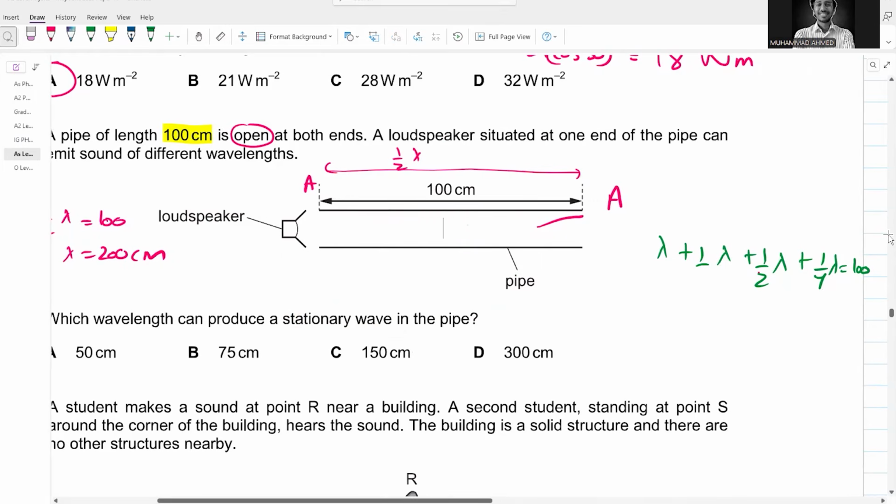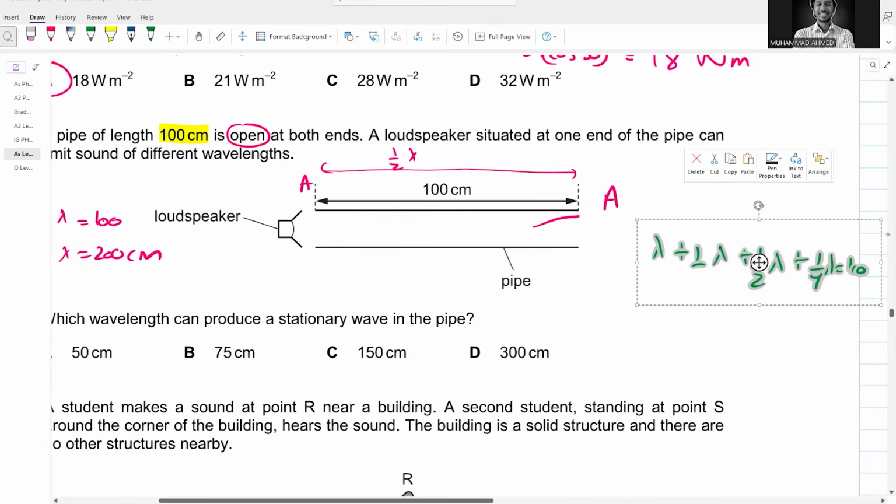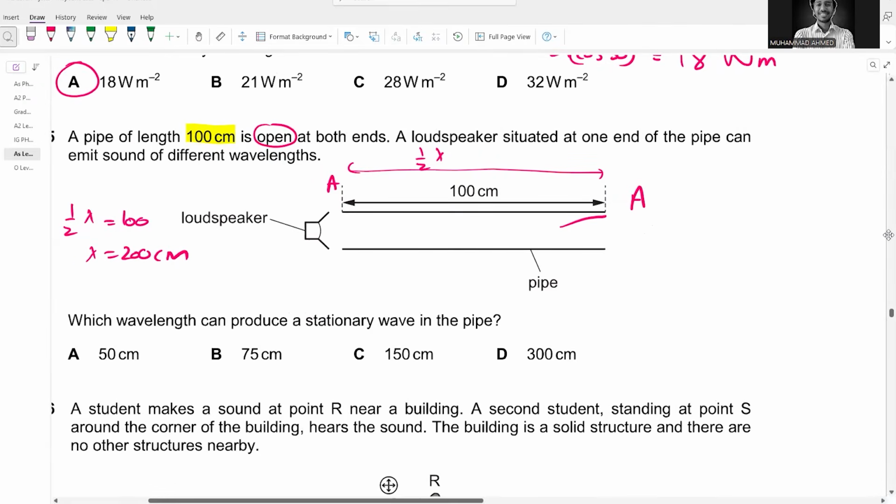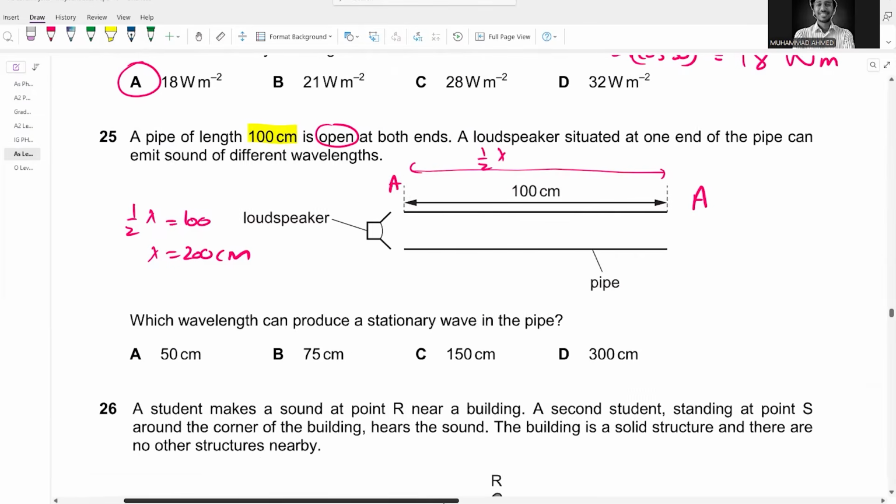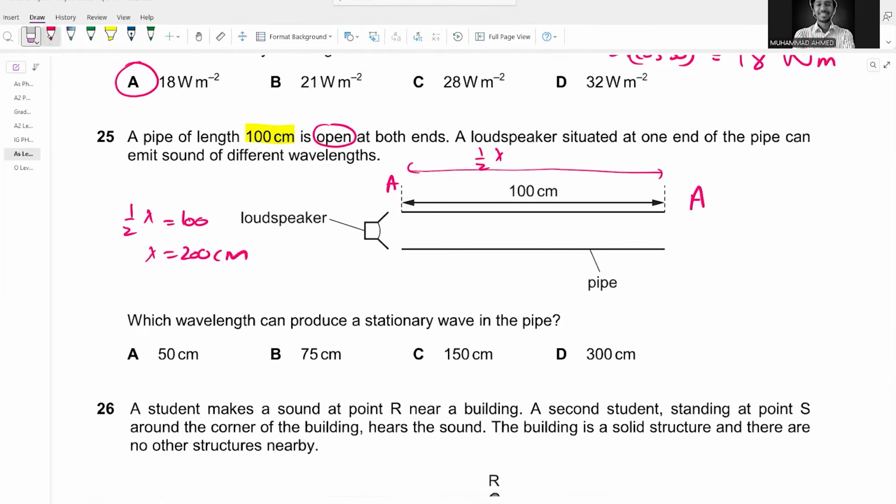Let's add another loop. Let's remove this. So what will we further do? Let's add another loop. This becomes your first loop, second loop, third loop, and like this.